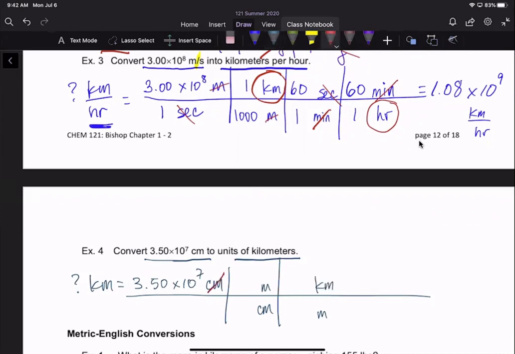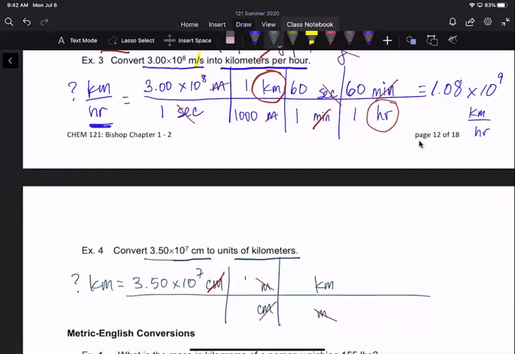So this is my solution path based on the units, and now I'll fill in the numbers. 1 meter has 100 centimeters, and 1 kilometer has 1,000 meters. And now I'm just going to do the math for that.